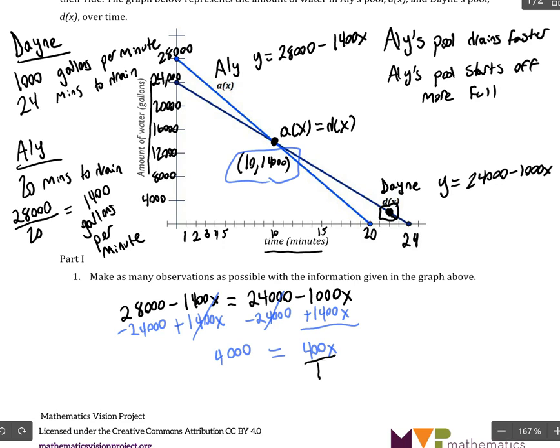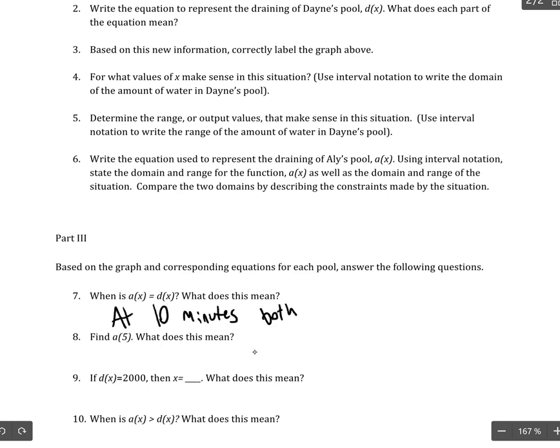And I can divide both sides by 400 to get that x equals 10. And so if we substitute x equals 10 into Dane's equation, we'll get that y equals 24,000 minus 1,000 times 10, and that turns out to be 14,000. So this point here is correct. So at 10 minutes, both pools will have 14,000 gallons of water.